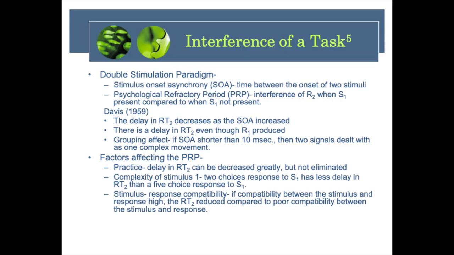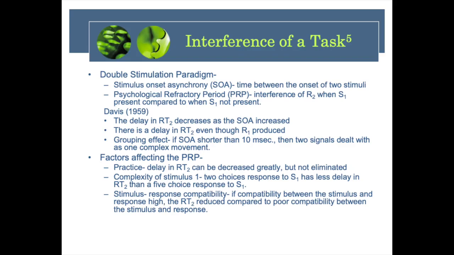So we sort of group everything together. Now we know, based on information processing alone, that when we have a more complex response, which if you have two stimuli and need two responses, the one response that you group would be more complex, you will still see a delay in the response time. So again, that goes back to our basic ideas about information processing.